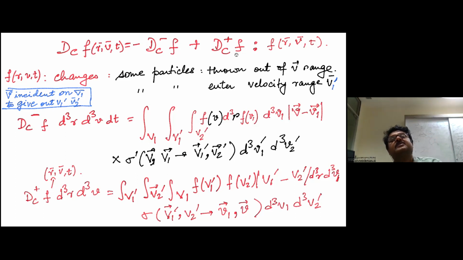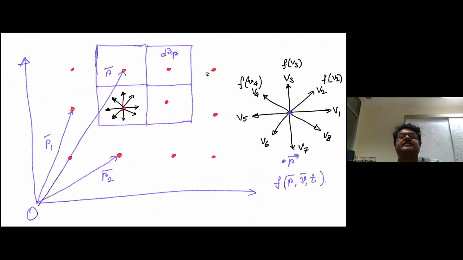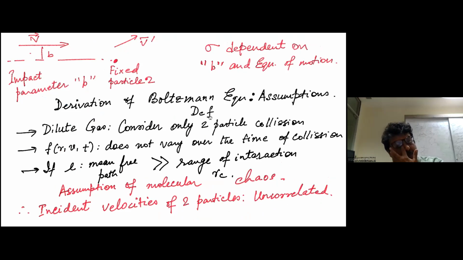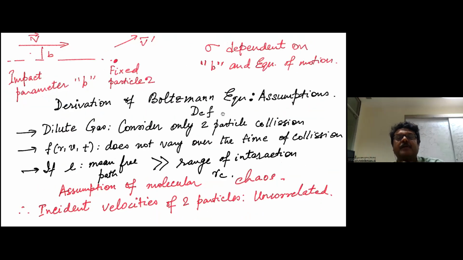This same thing is going to happen at different points in r and at different points in time, and the details will really depend upon how quickly the system will reach equilibrium, upon the scattering cross section, which in turn will depend upon b and the range of the interaction.